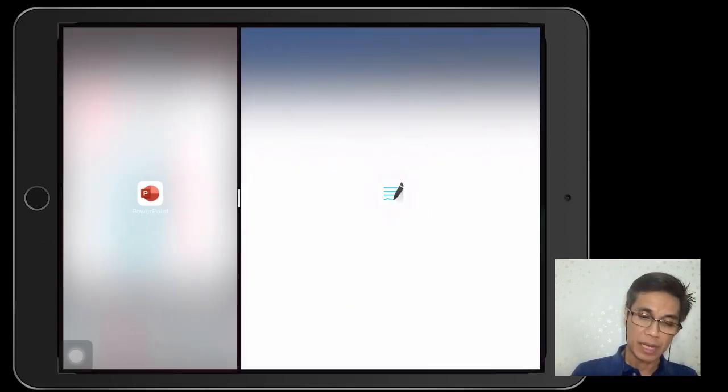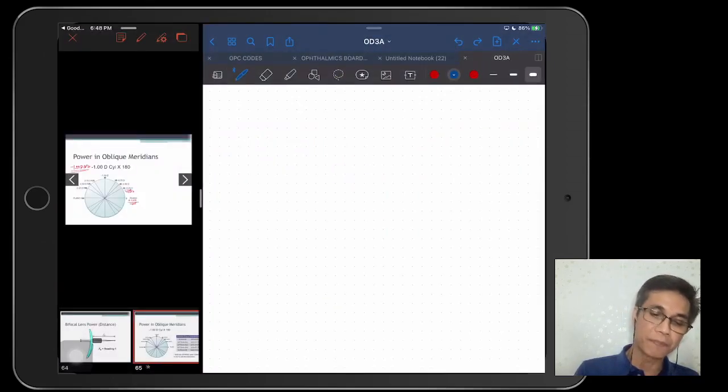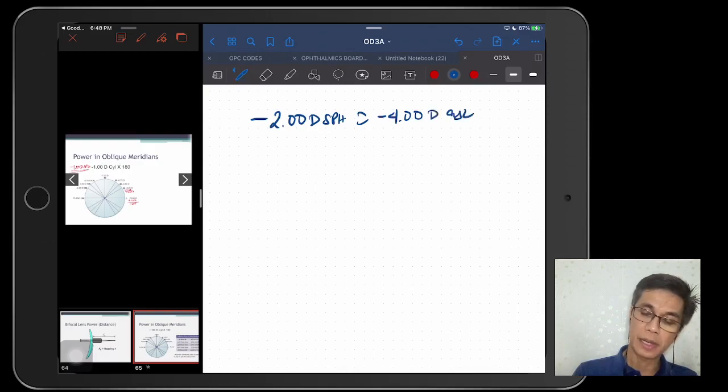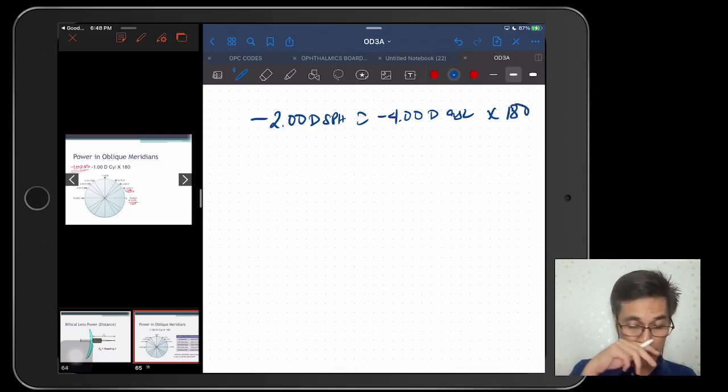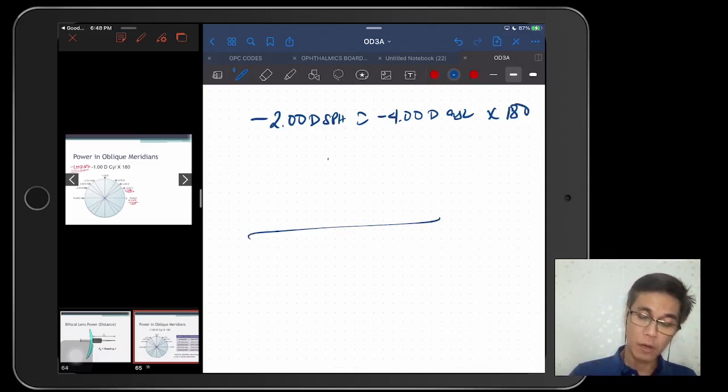Now, kunyari lamang, meron kang binigyan rito, kunyari, minus 2 diopter sphere combined with, let's say, minus 4 diopter cylinder, axis 180 muna. Sige, 180. Ano mangyayari ngayon? Pag tinanong ka, what is the power on the 180th meridian and the 90th meridian? The 180th meridian will receive what?